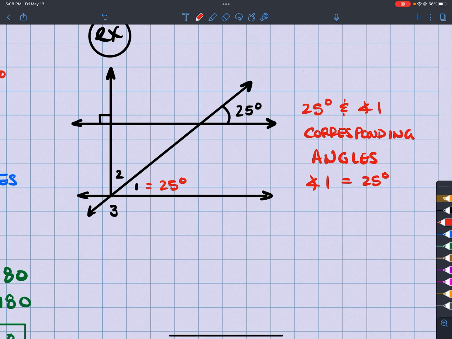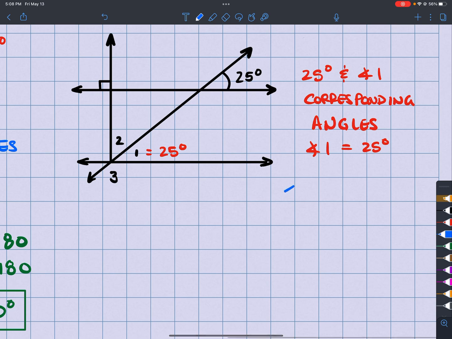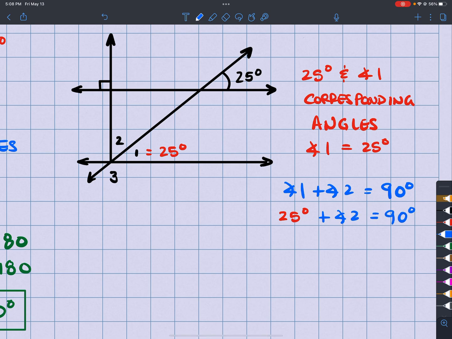Excellent. Now, angle 1 plus angle 2, well, that is going to be complementary because they form 90 degrees. So if angle 1 is already 25 degrees, if I subtract the 25 over, what's angle 2 going to be?